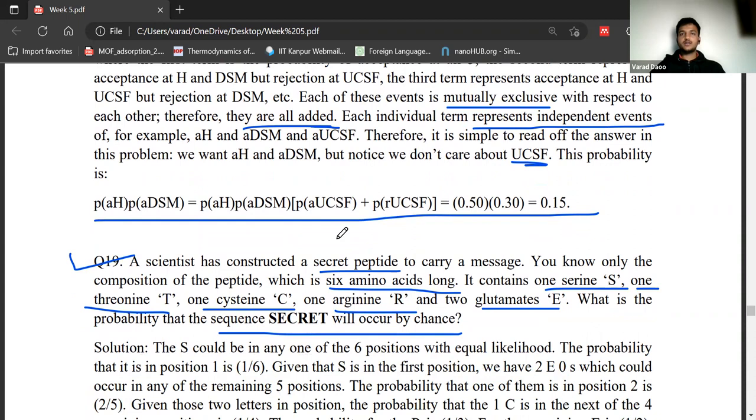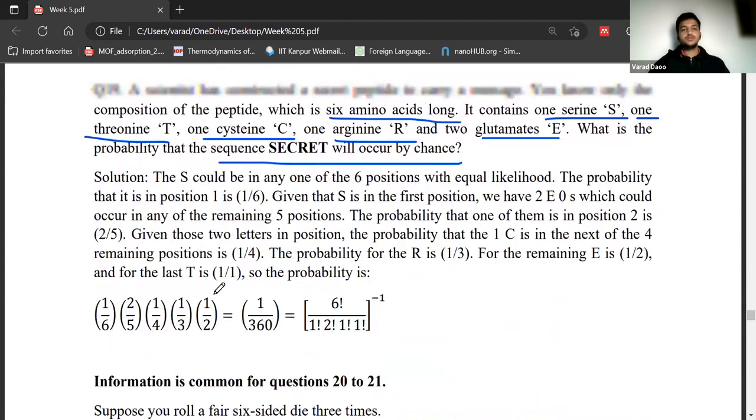So we'll start. Anybody has got the answer? Okay, so we'll start with the explanation.